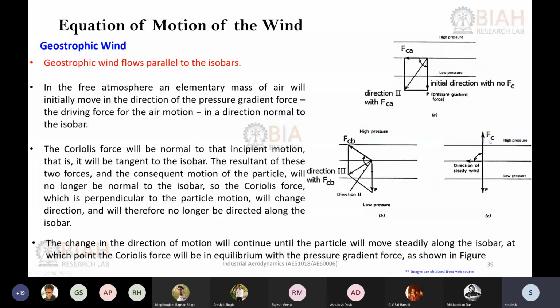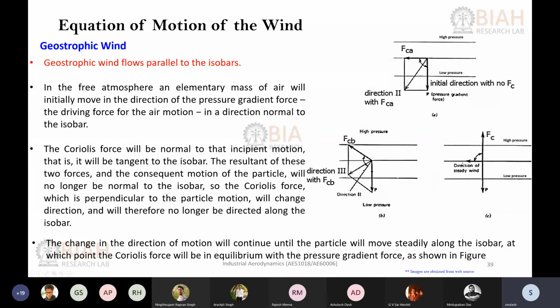This is only possible in this manner, because we know that the pressure gradient force acts perpendicular to the isobars, and if you have a Coriolis force acting exactly opposite to it, then they will balance each other. In this case the direction of the wind will be perpendicular to this force balance, or parallel to the isobars. So geostrophic wind flows parallel to the isobars.